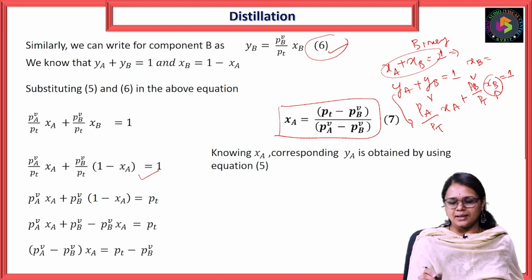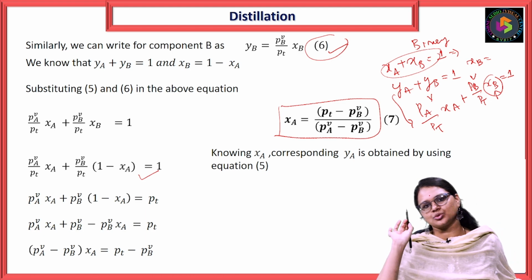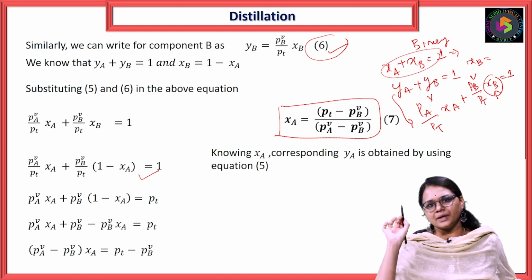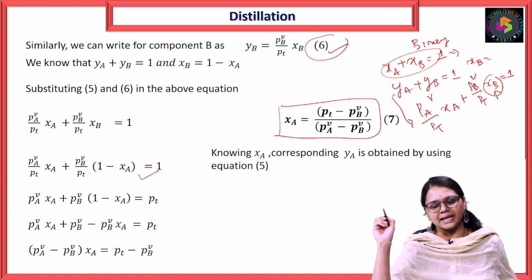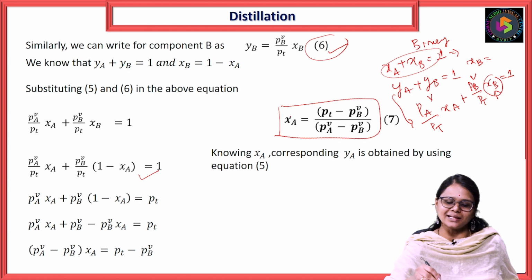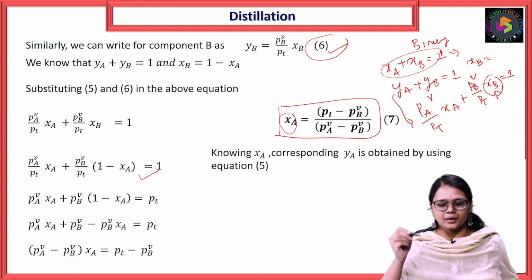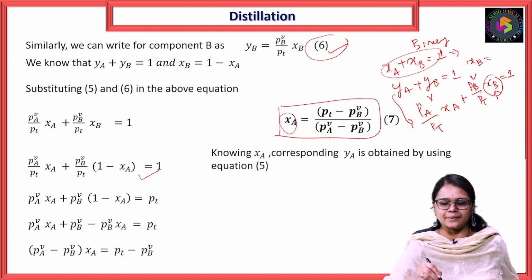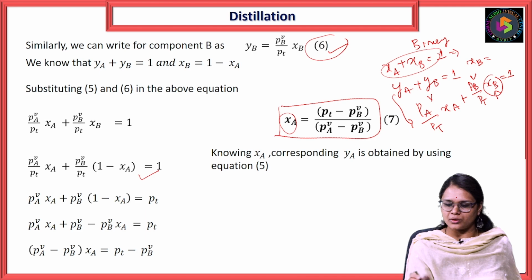That is, if you know only the total pressure and the vapor pressure generated by component A and component B, you can use this formula to calculate the mole fraction of the component A in the liquid phase. Okay. So if I know XA, how to calculate YA? We already did it.